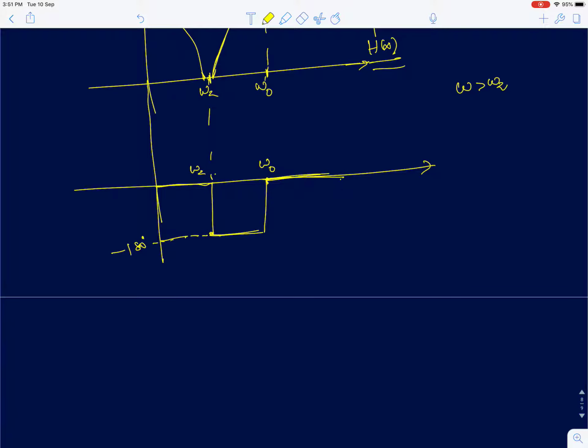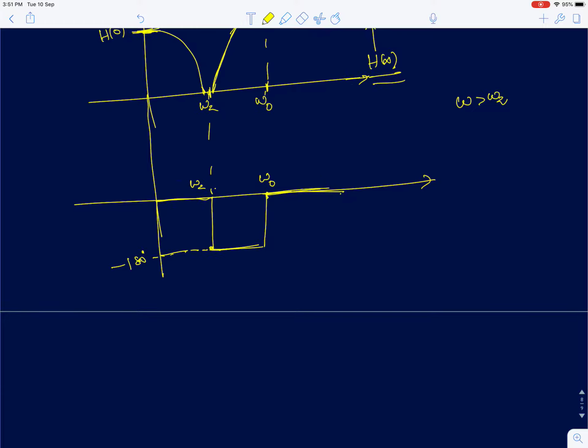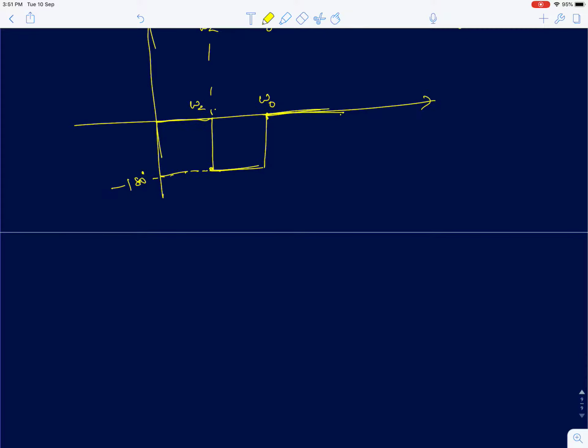Okay, so that's the transfer function for the frequency response of this function. And we can also draw for a similar case when omega z is greater than omega naught. So in that case, again you start off at h of 0. So first you will be encountering omega z.